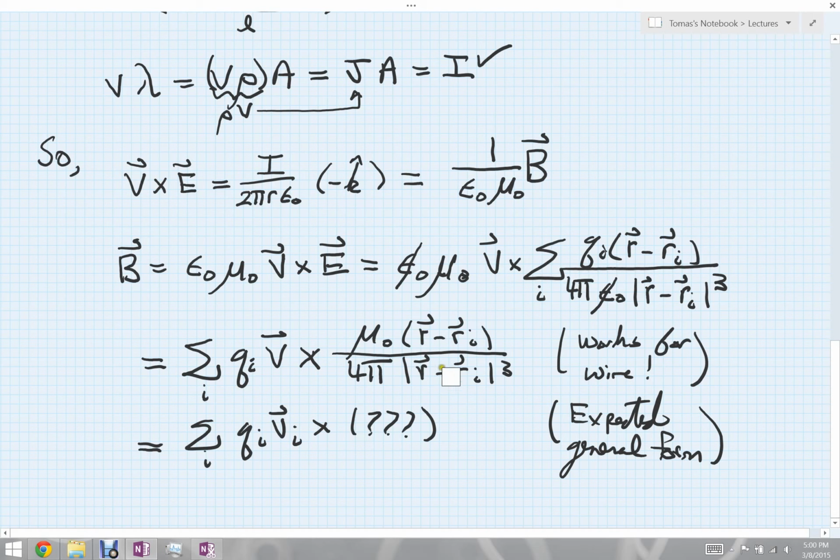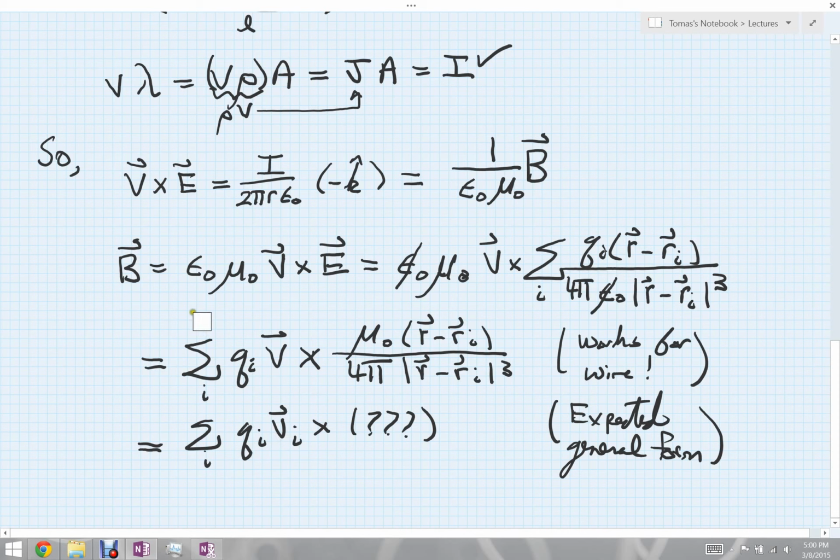For those two things to actually work out, it would be very unusual for this to happen unless what I've written for you here is the general form. Just in this particular wire case, everyone happened to have the same velocity. So they all happen to be making contributions with the same v. But if they were traveling at different velocities, like I would expect in the general case, what would I expect?